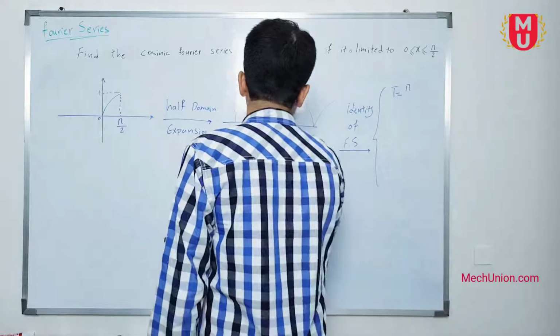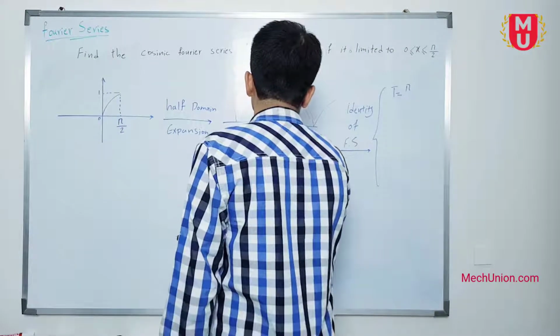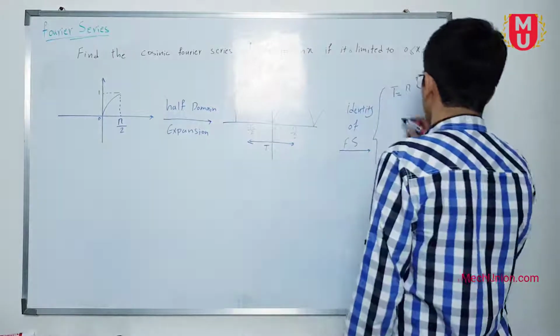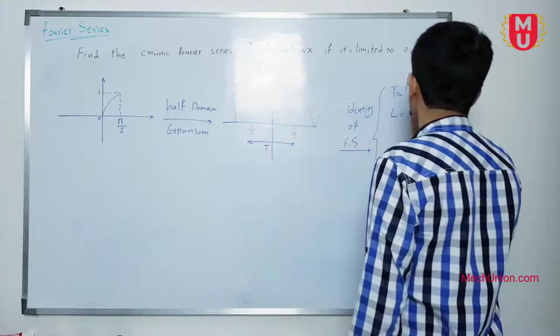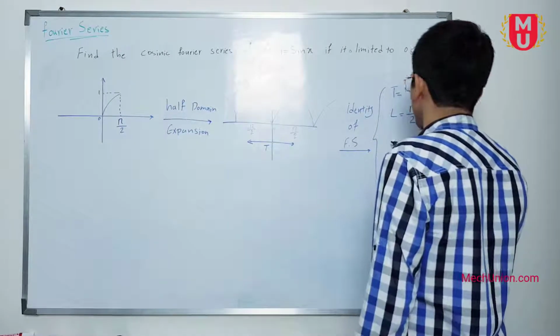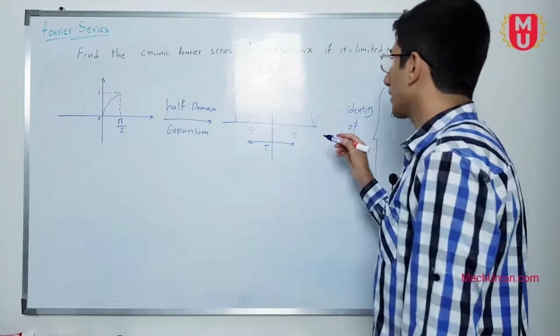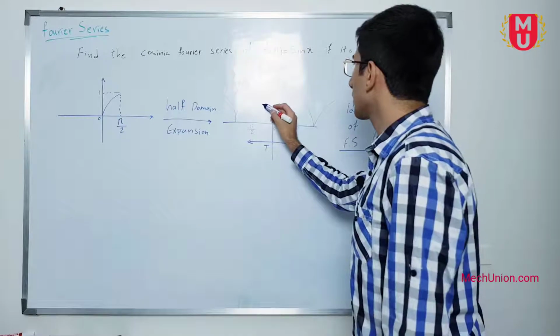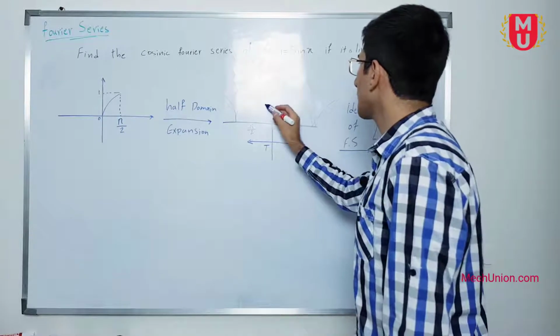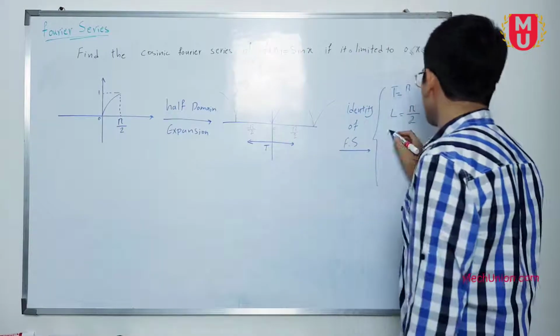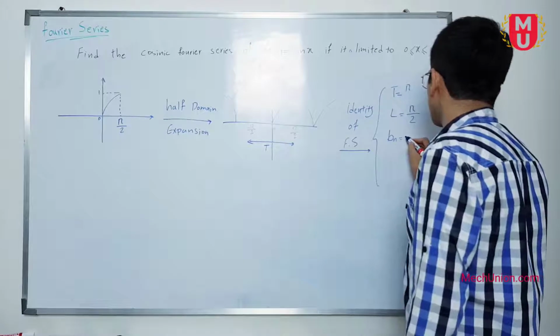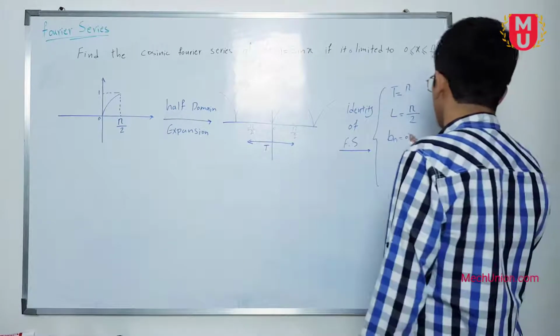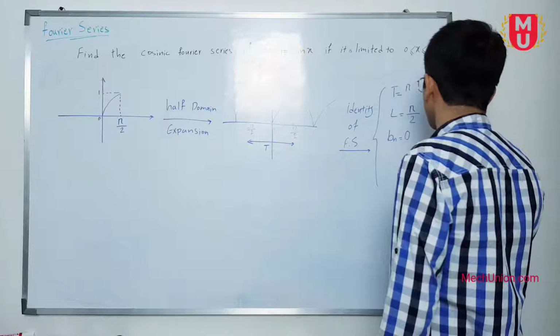This is our time period, and L equals pi over 2. As it is an even function, we do not have Bn. Bn equals 0. We just have An.